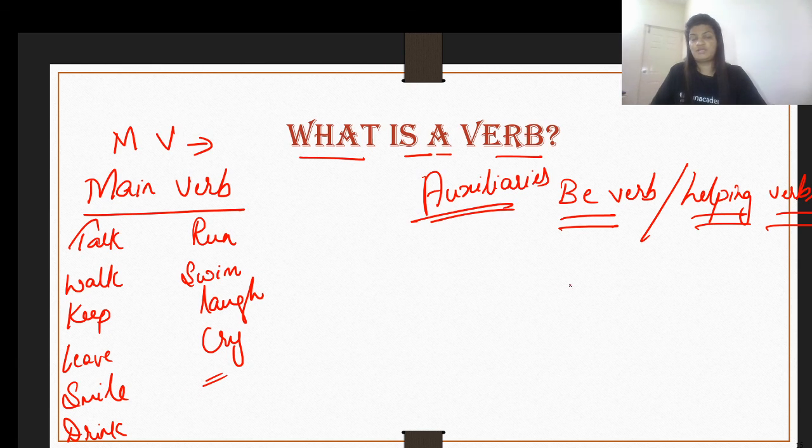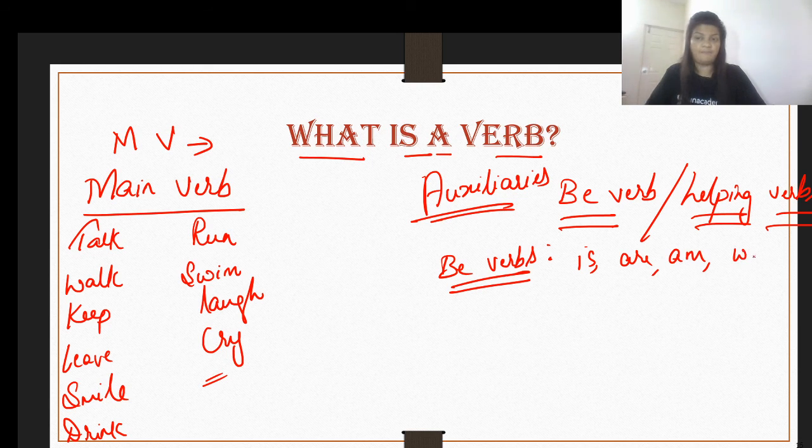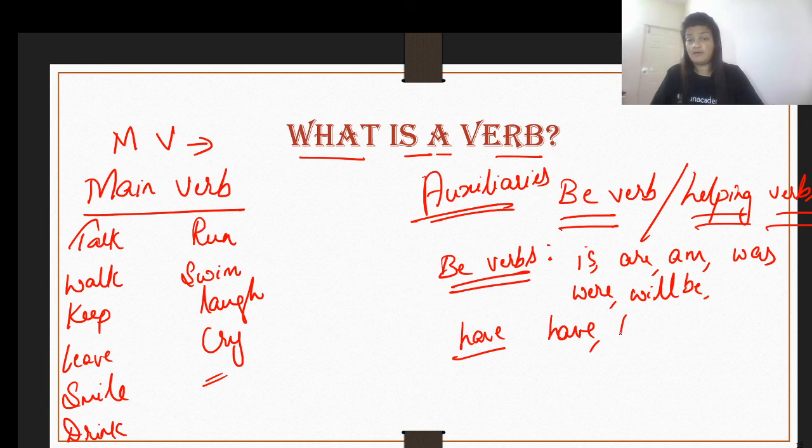Auxiliaries are, number one, be verbs, which are is, are, am, was, were, will be. You also have have verbs, which are have, has, and had.